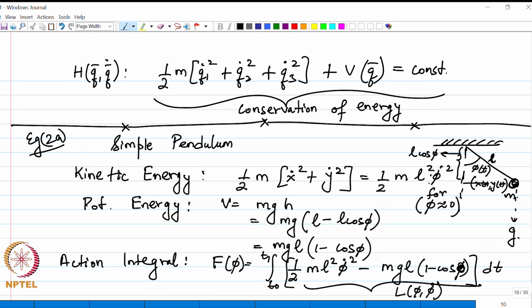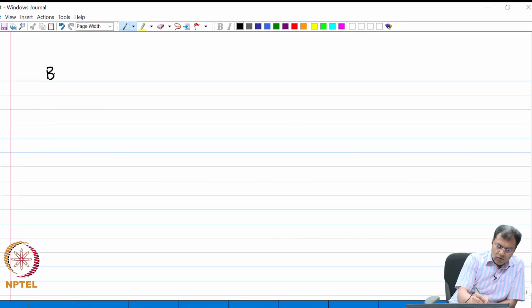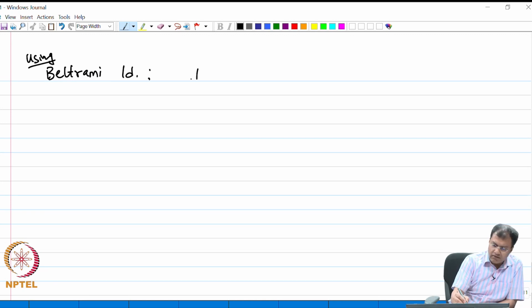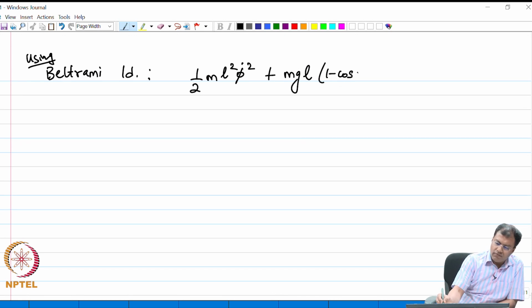So, I can very well use the Beltrami identity, and using it I see that I get half m L square phi dot square plus mgL (1 minus cos phi).